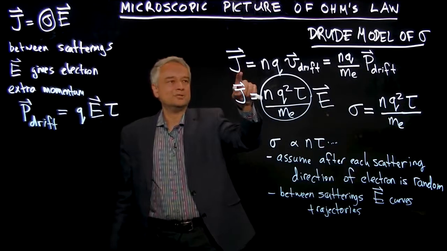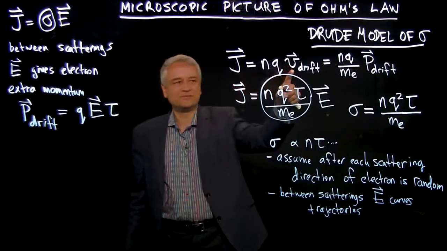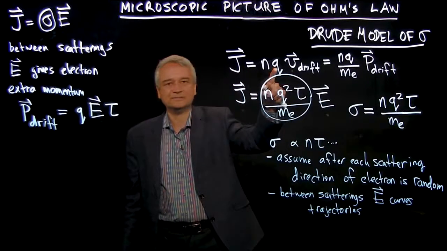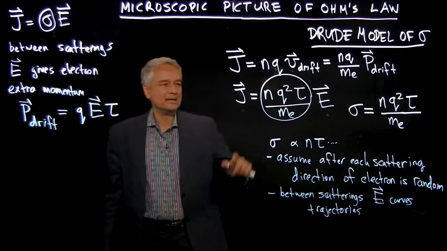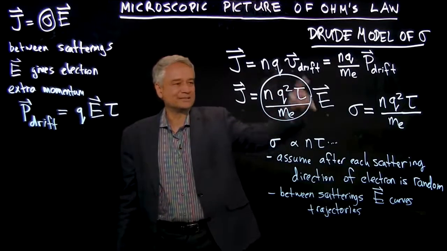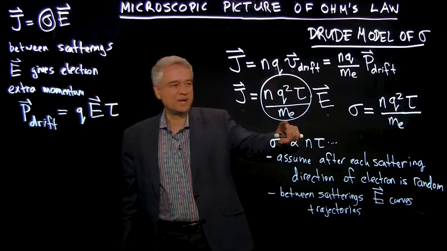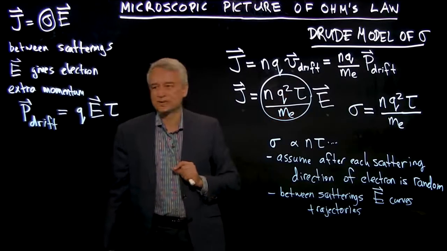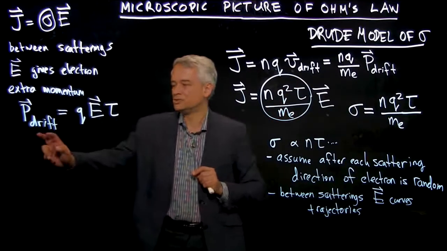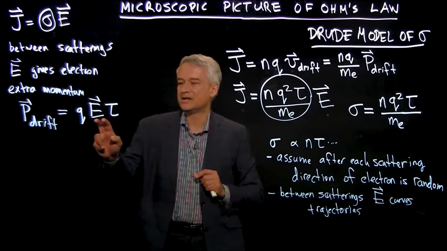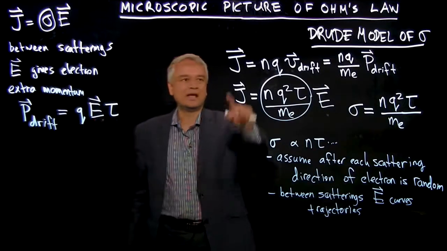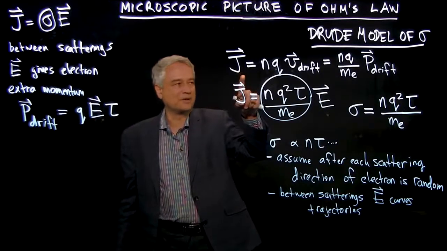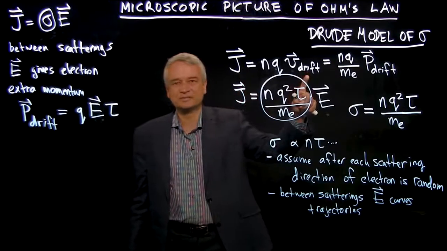So J is in the opposite direction of the drift velocity because the electrons are negative. And that translates into a conductivity which is positive because the conductivity goes like Q squared. Because the drift momentum is in the opposite direction of the electric field, and the electric current is in the opposite direction of the drift momentum.